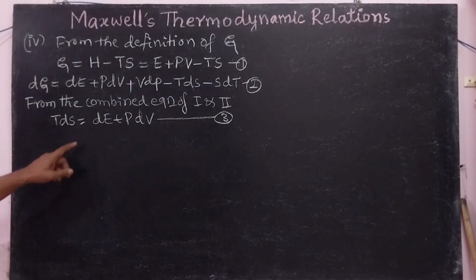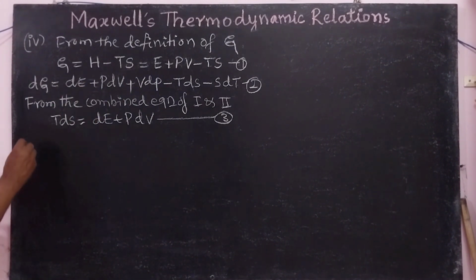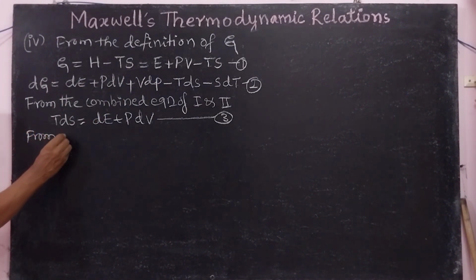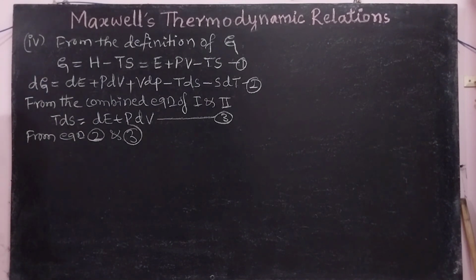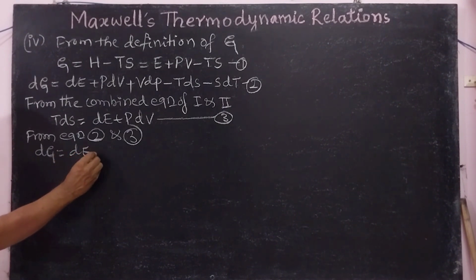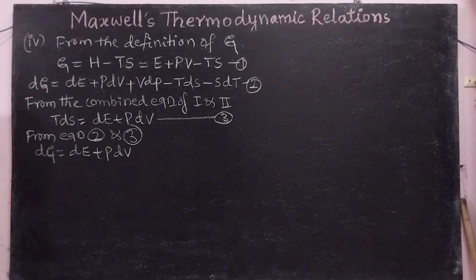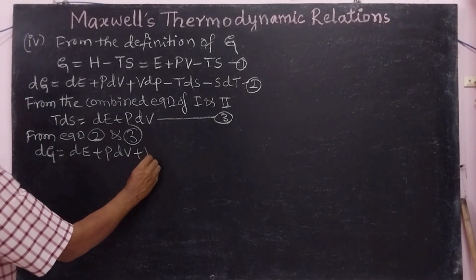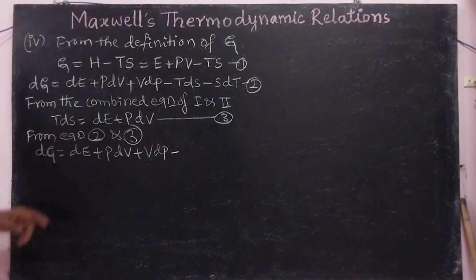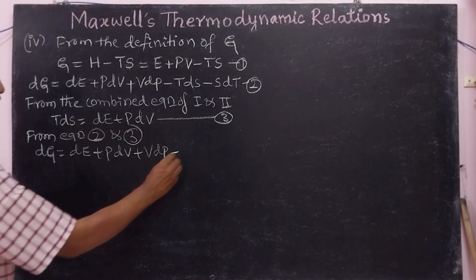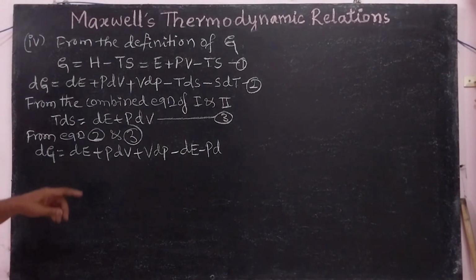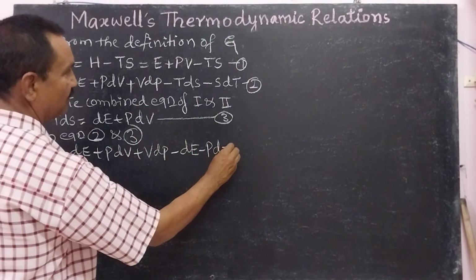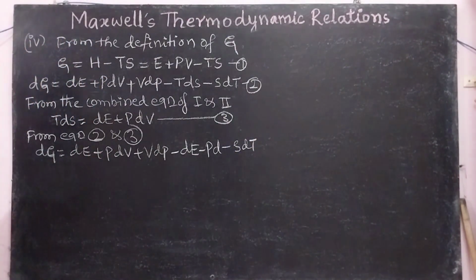By substituting the value of TdS, from equations 2 and 3, we get dG is equal to dE plus PdV plus VdP minus dE minus PdV minus SdT.